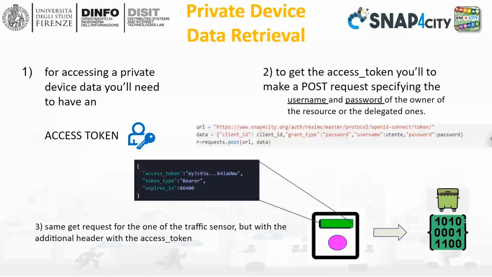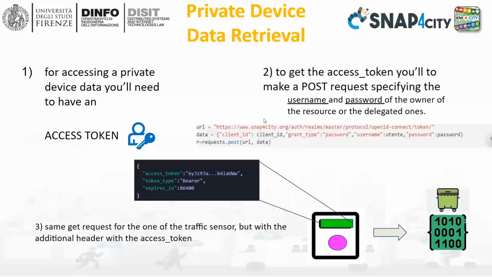But how do you get the access token and what is it? To get this access token, that is the key to access the data from this private device, you will need to do a POST request in which you specify the username and password of the owner of the resource or other accounts that have the grants delegated to access this resource.